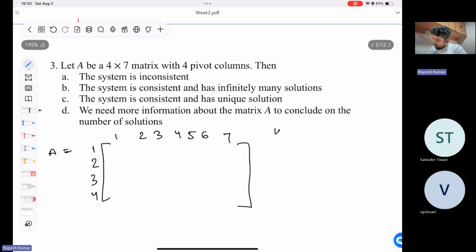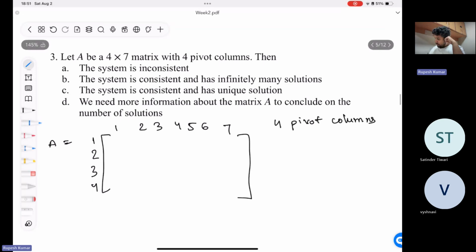So we have 4 pivot columns. The question says we have 4 pivot columns. Given this property, we have to say something about this matrix. By pivot columns, we mean we have one here, and zero otherwise.